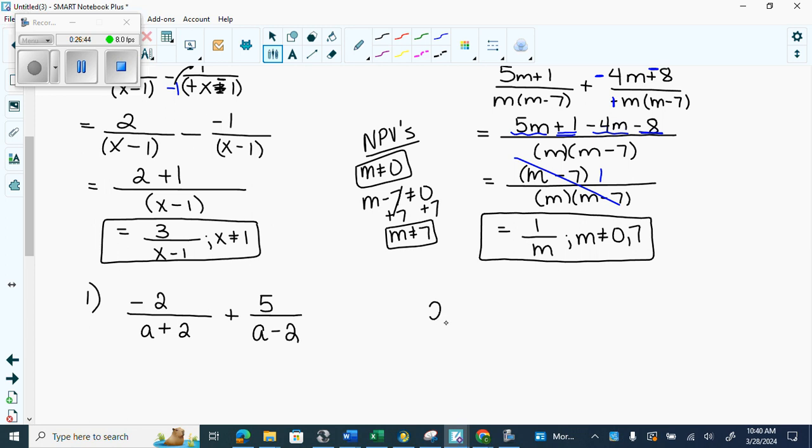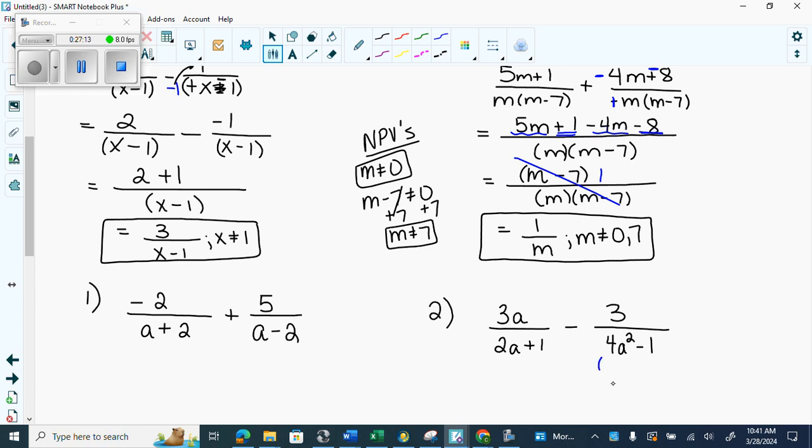And then number 2, I have 3a over 2a plus 1 minus 3 over 4a squared minus 1. What is 4a squared minus 1?